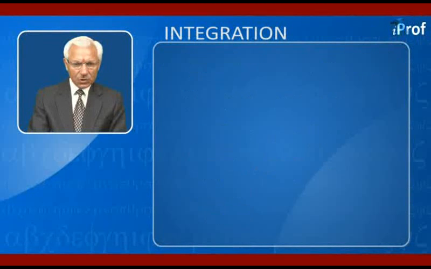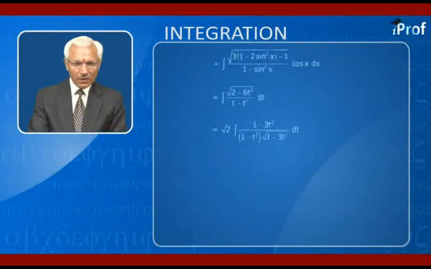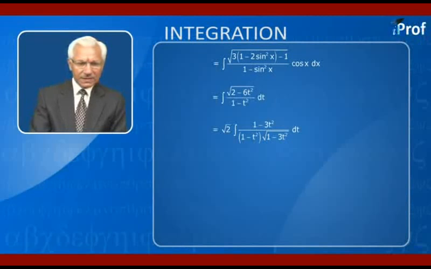Now change cos 2x as 1 minus 2 sin square x and cos square x as 1 minus sin square x. So we get the integral of square root of (3 times (1 minus 2 sin square x) minus 1) upon (1 minus sin square x) into cos x dx.